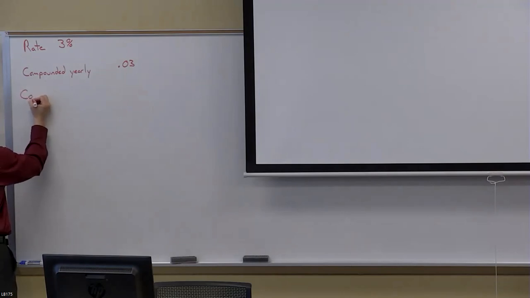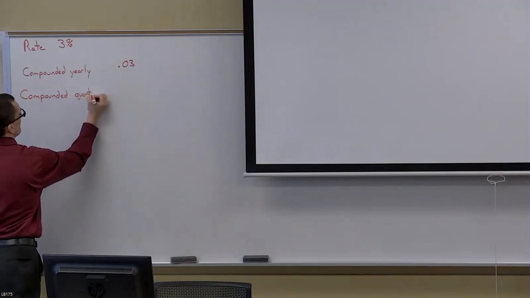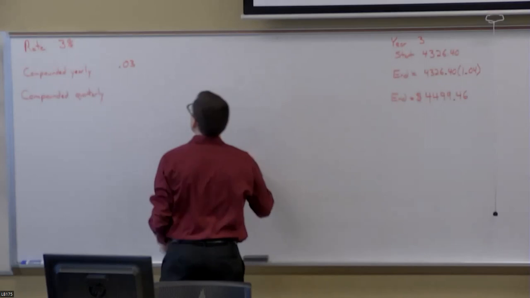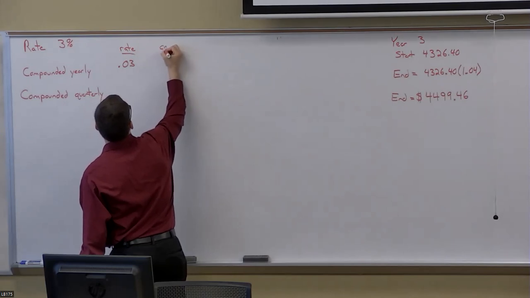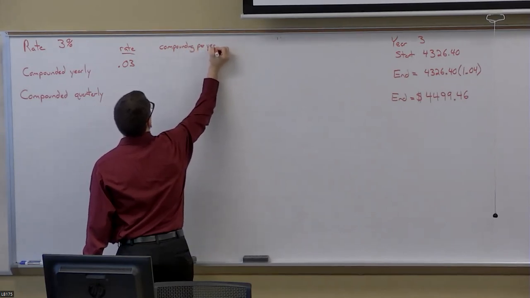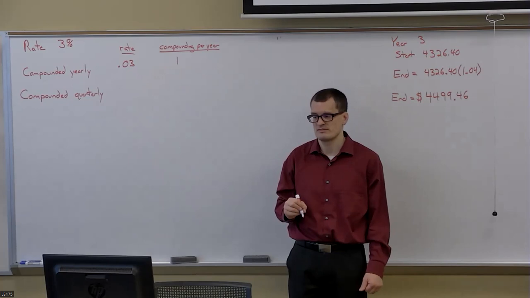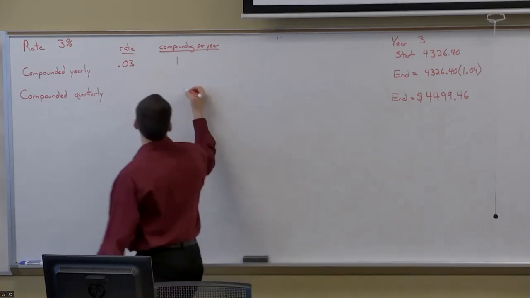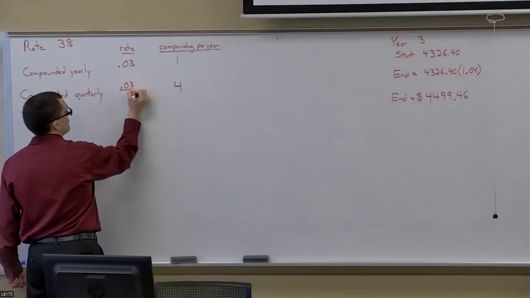If the interest is compounded quarterly, so here's my rate, compounding per year. Yearly means I'm compounding 1 time per year. So my rate just stays at 0.03. If I do this quarterly, we're compounding 4 times per year. So my rate is going to change to 0.03 divided by 4.